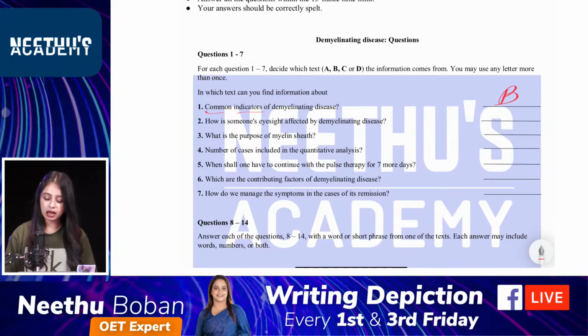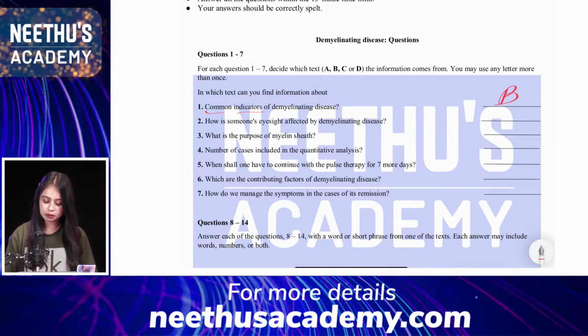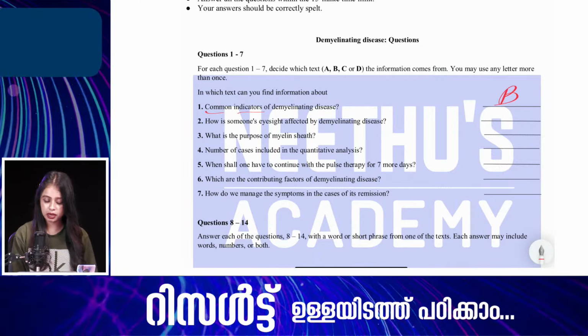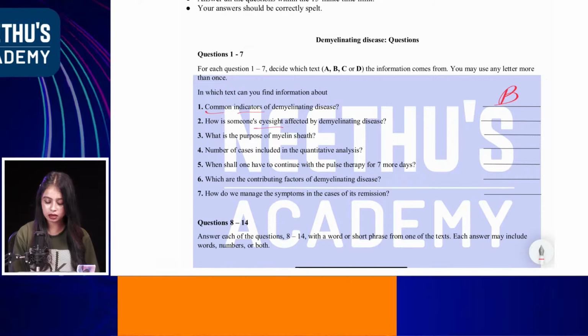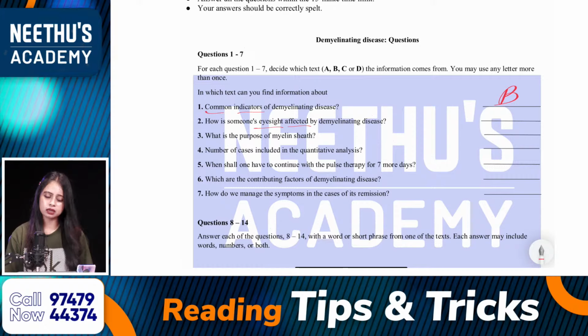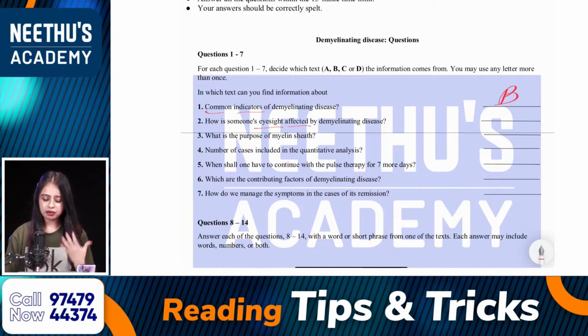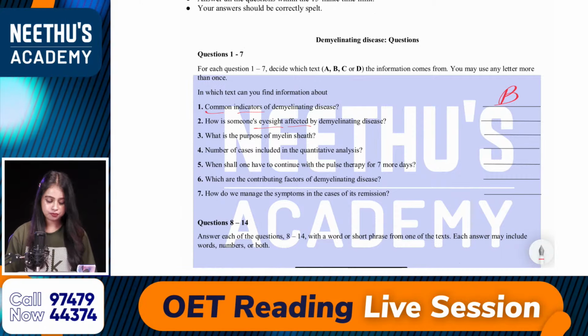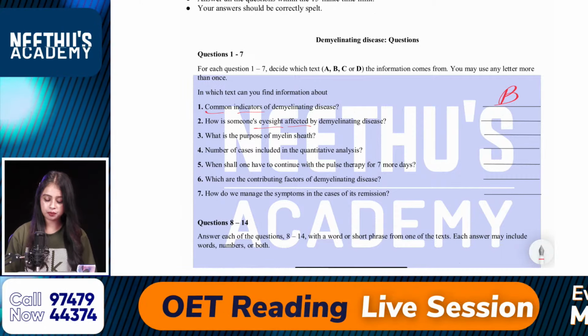How is someone's eyesight affected by demyelinating disease? Okay, so my only keywords are eyesight and affected. These are my keywords from the second question. I'm not marking any other words, because these two are very important. So what about the second question?